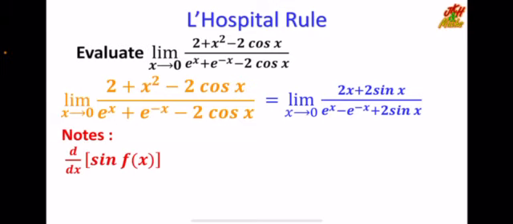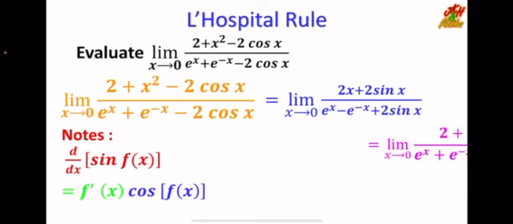Since both the numerator and denominator have a term involving sine x, we must recall that when we differentiate sine f(x), we will have the first derivative of f multiplied with cosine f(x).